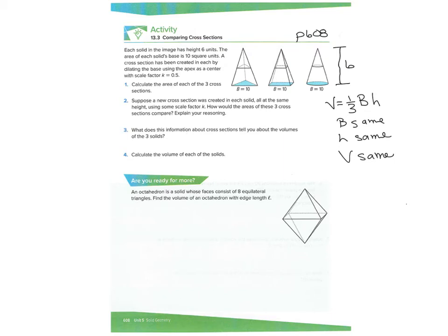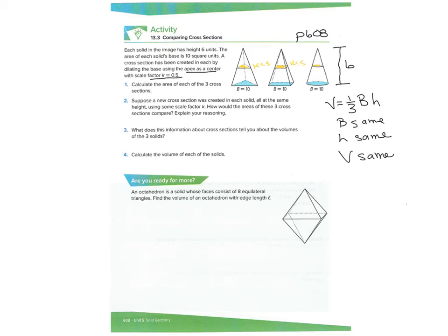So continuing on, it says that there is a cross section created in each by using the base as the center and a scale factor of 0.5. So you can see, let me get a different color here. You can see if I cut into my different shapes, I would have my cross section, and this is a cross section where my K is 0.5.